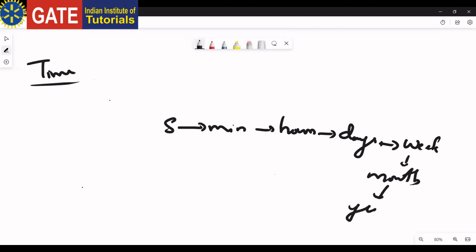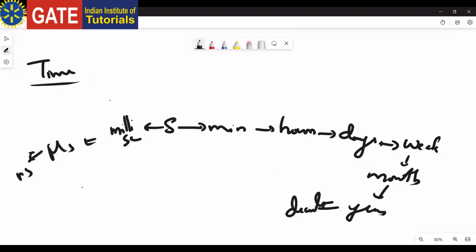Then decades will be there. Centuries will be there. Millennium will be there. It will be going like this. Below seconds, what will be there? We'll have milliseconds, microseconds, nanoseconds. It will be going like this. Okay, so that is time.